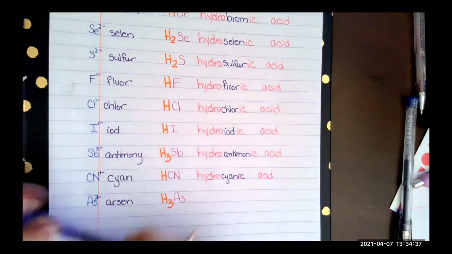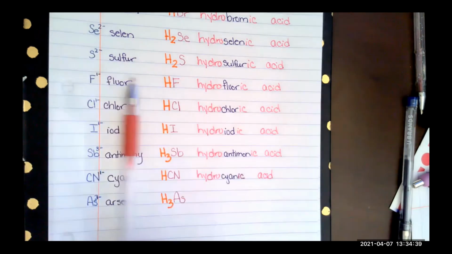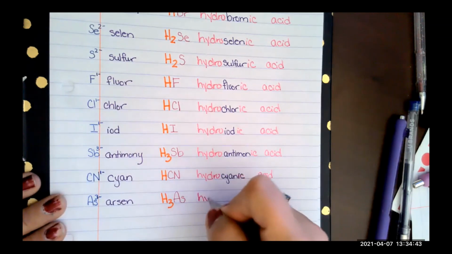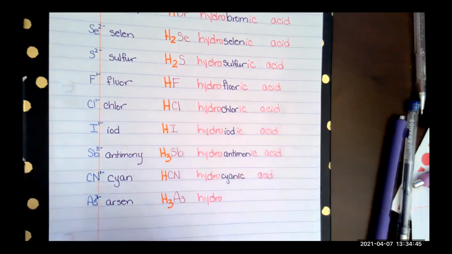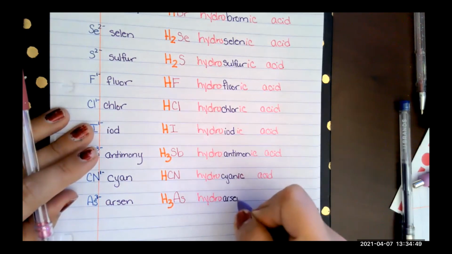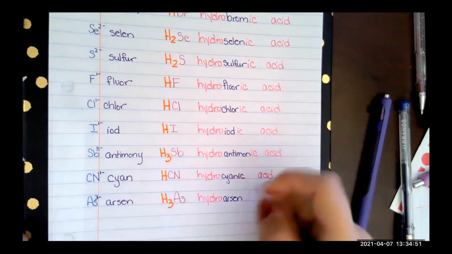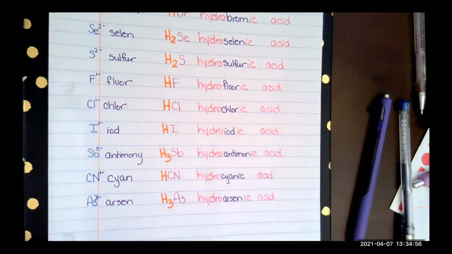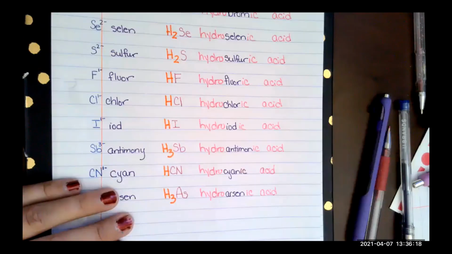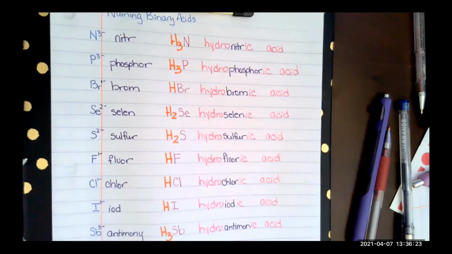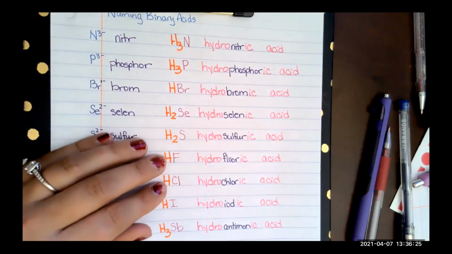And finally, H3As is hydroarsenic acid. Okay, and this is how you do binary acids, naming names to compounds and compounds to names.